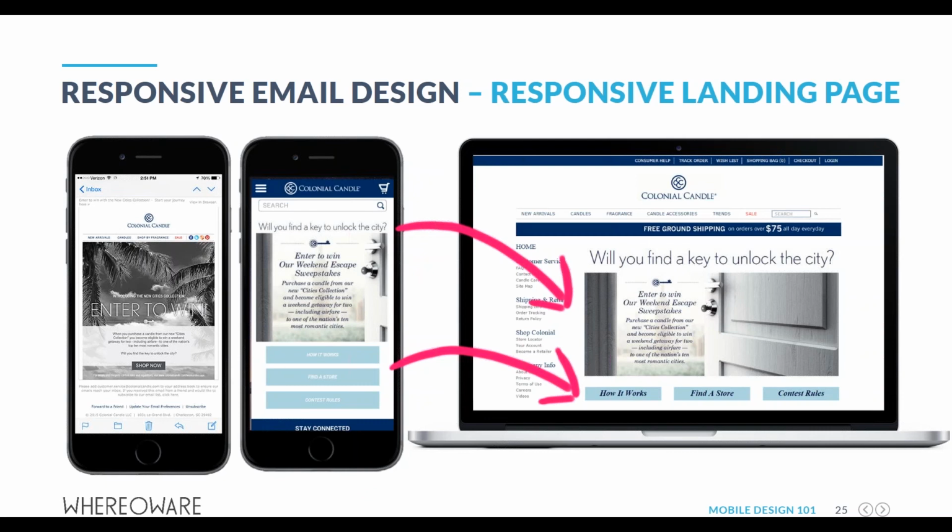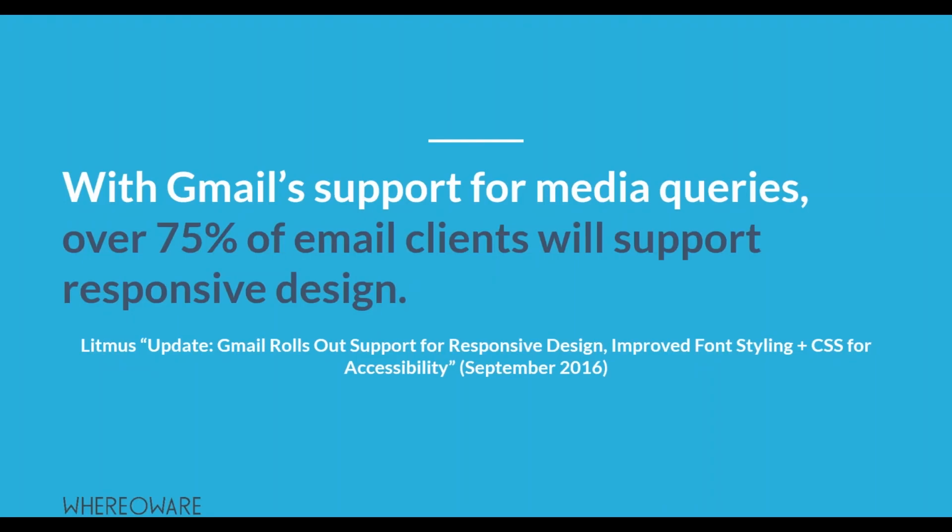We've got our navigation and our logo up top. It's nice and condensed. Our images are going to be scaled 100% and easy to read. The text on top of it is easy to read, and our buttons are actually going to stack. They're nice and large, easy for you to understand, easy for you to click, and it just continues on with that good user experience after they leave your email.